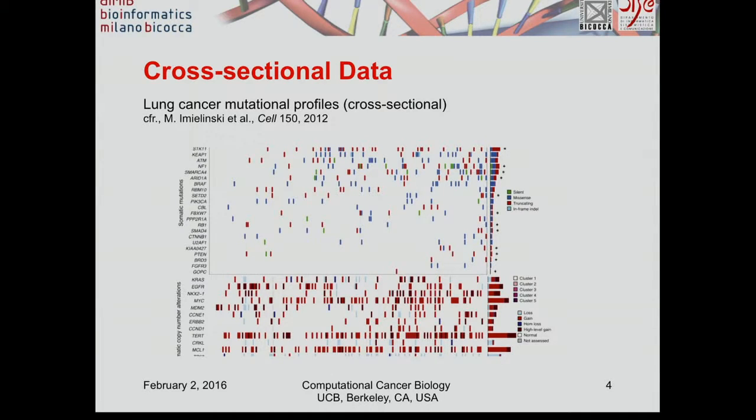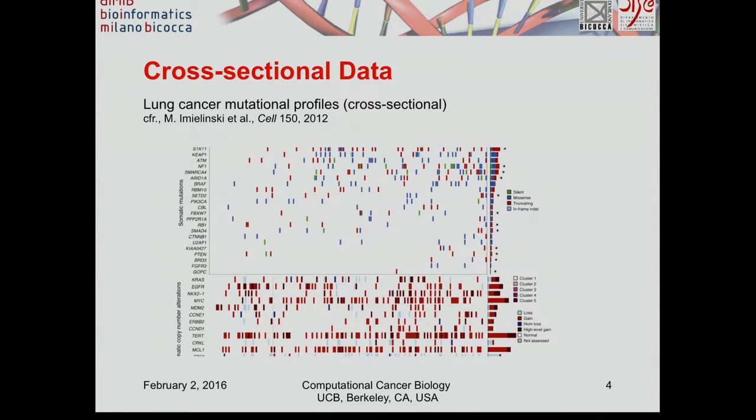This is an example, the Pickering paper on lung cancer, and it always looks like this. You have different genes that have a certain alteration associated to them, and the columns are patients. This is the kind of data that you have, for example, in TCGA.